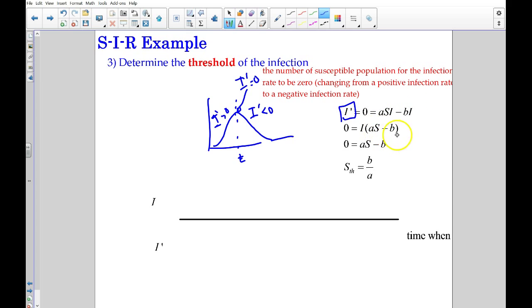Going through the mathematics, you can see what I've done here. We can't ever have I equal to 0, so we would discard that.